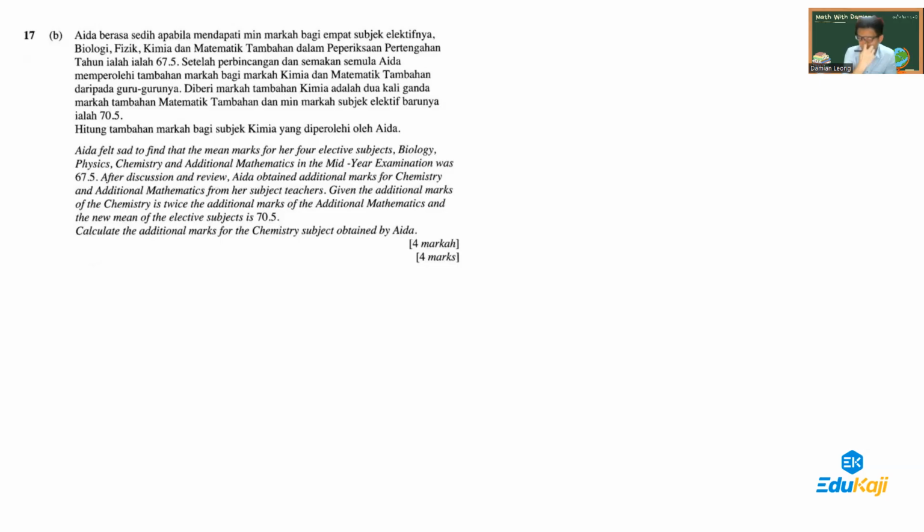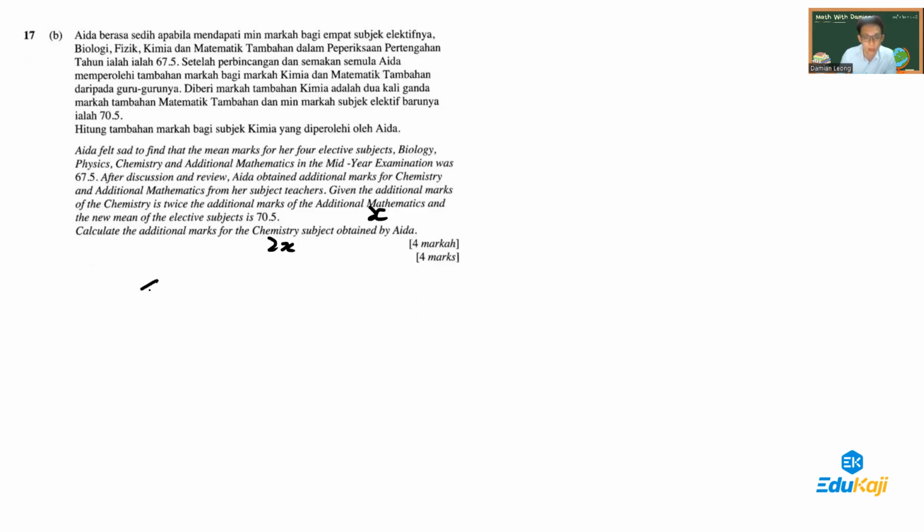Additional marks for chemistry is twice the additional marks for maths. So if I put additional marks for maths as x, chemistry will be 2x because 2 times of it. So what happens here is, these are 4 subjects.